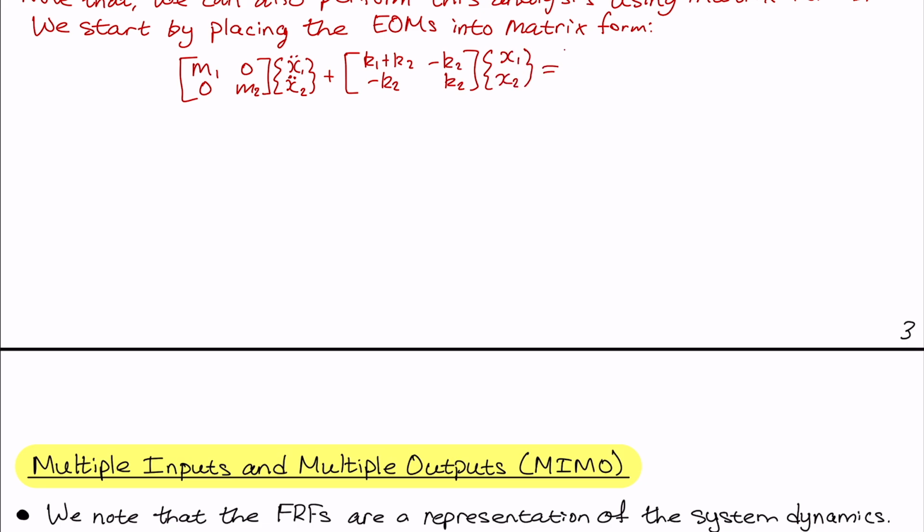And that's equal to the forcing vector F of t and 0. Or in condensed form, we can just write this as M x double dot plus big K x is equal to big F of t.